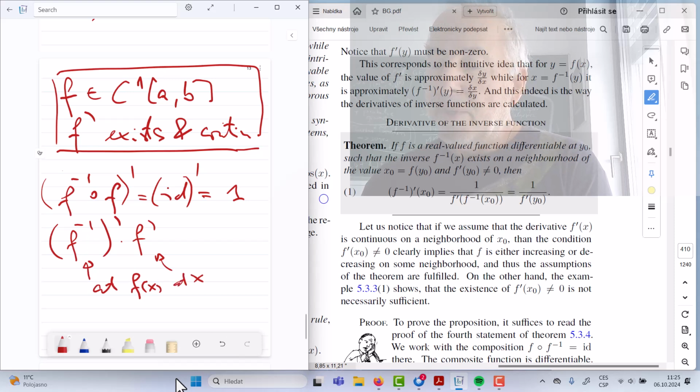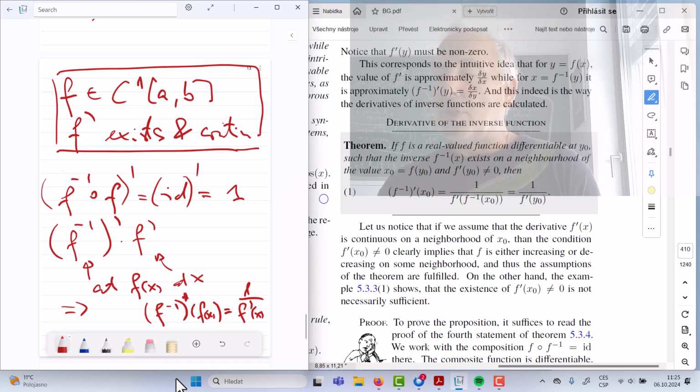Of course that means the derivative of the inverse at f(x) must be 1 over the derivative of f at x.